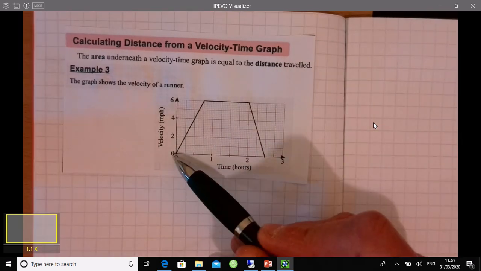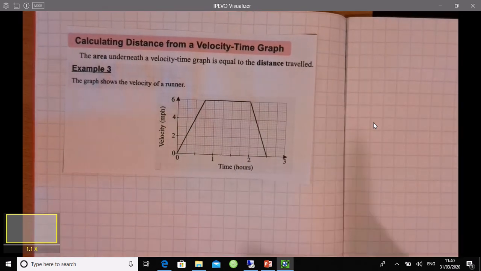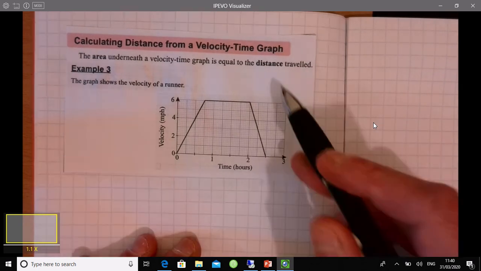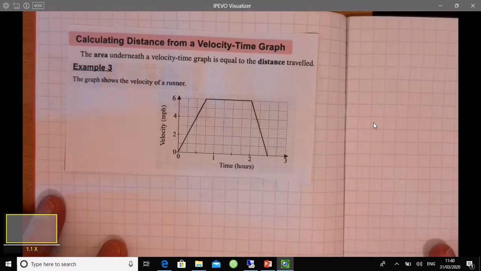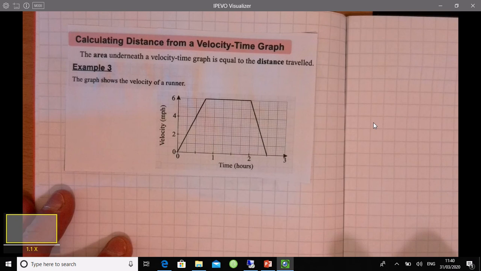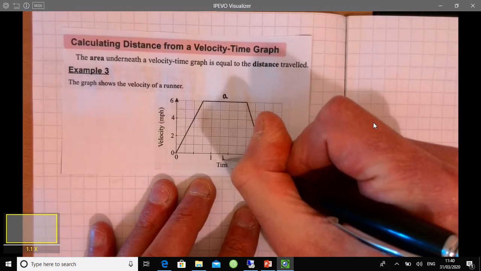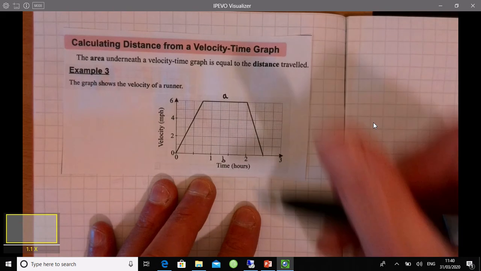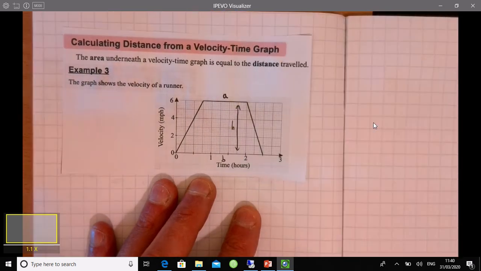So if I want to work out the area, remember the area is the distance. Right? You need to link those two things together. Velocity time graph, the distance is the area. Now you quite often get a trapezium, so it's really useful to remember the area of a trapezium. And the area of a trapezium is the top bit, the bottom bit, and then we need to know the height just there.